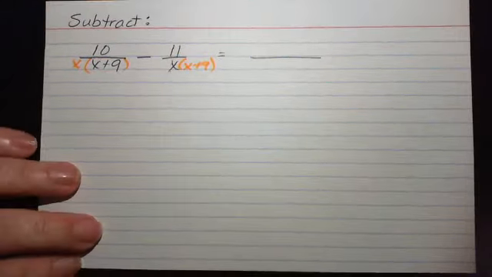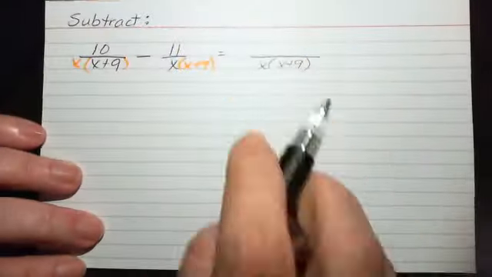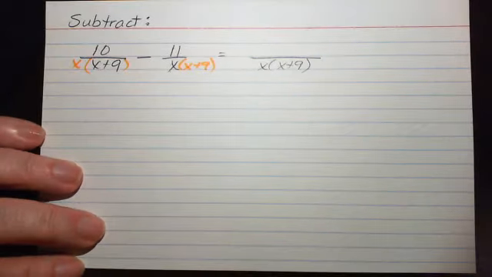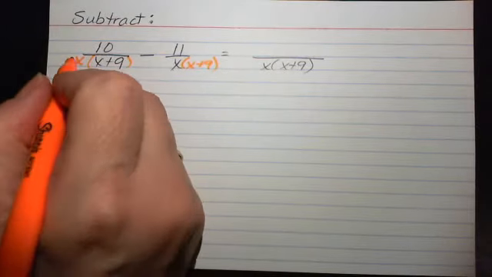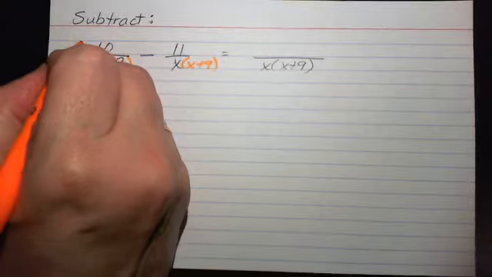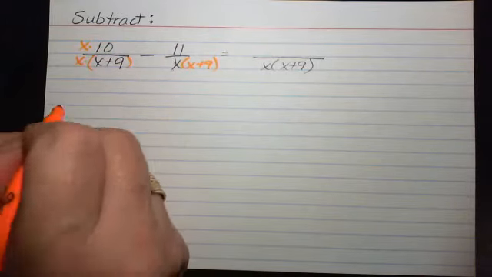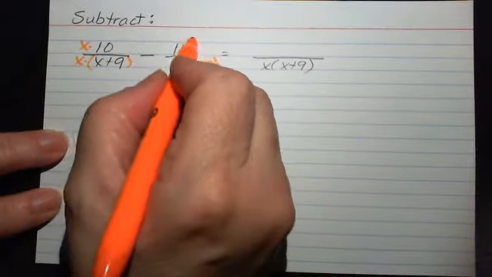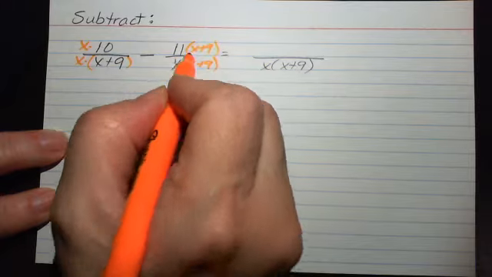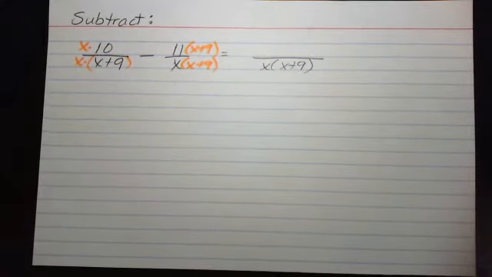It needs the x plus 9. So we know our common denominator is x times x plus 9. We can leave it in factored form. Now, remember, if we multiply the denominator by x, we have to multiply the numerator by x as well. If we multiply this denominator by x plus 9, we also have to multiply the numerator by x plus 9.